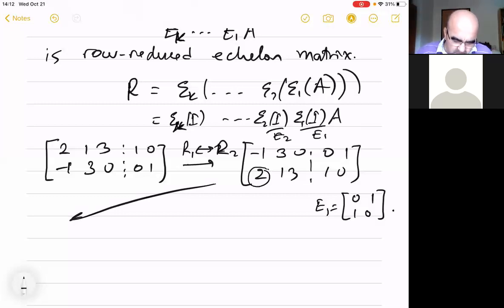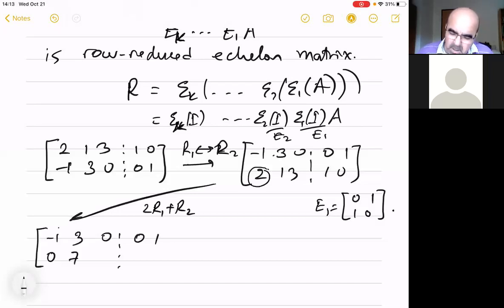So in order to make this 2 into 0, you multiply the first row by 2 and add it to the second row. Then you have minus 1, 3, 0, and in the second row, 7, 3, and 1 multiplied by 2, 2.